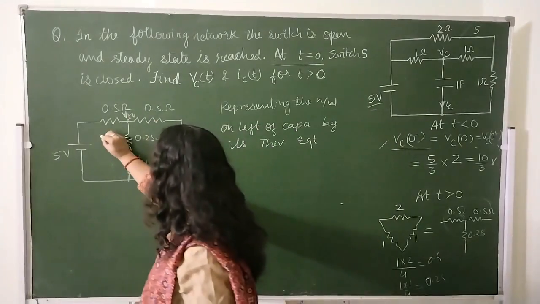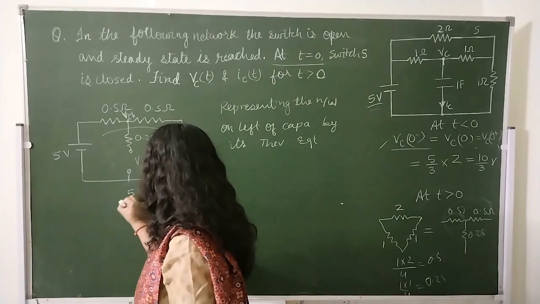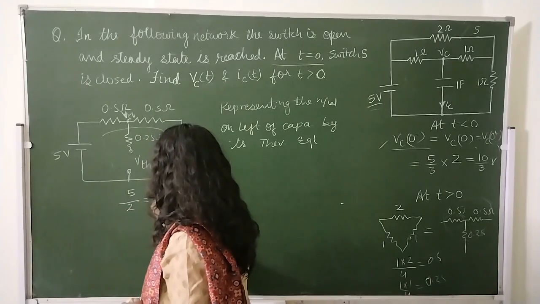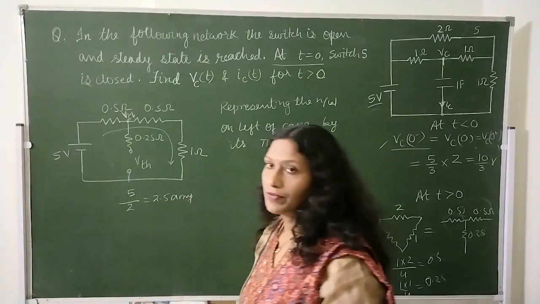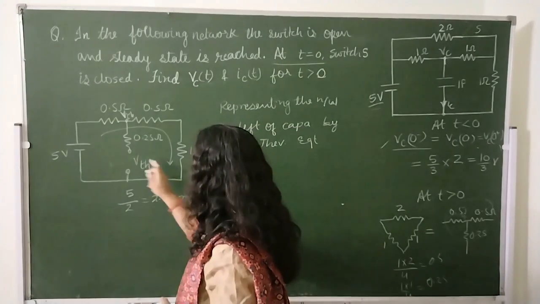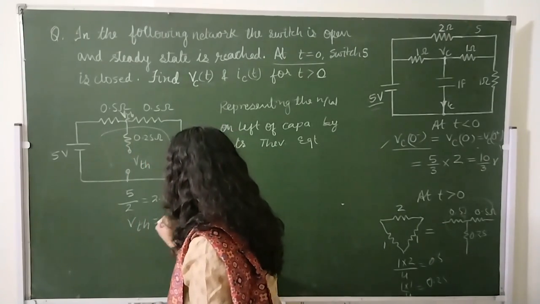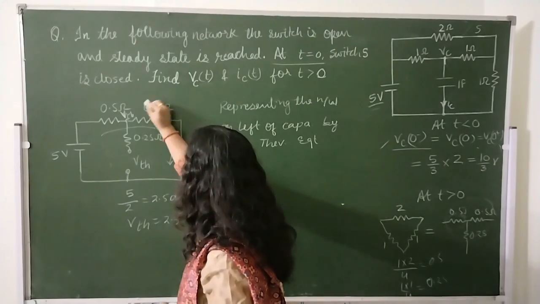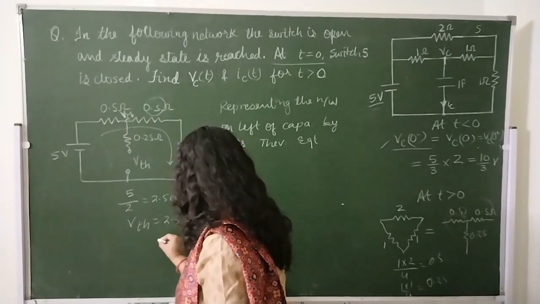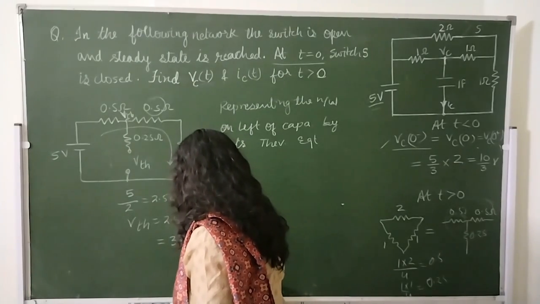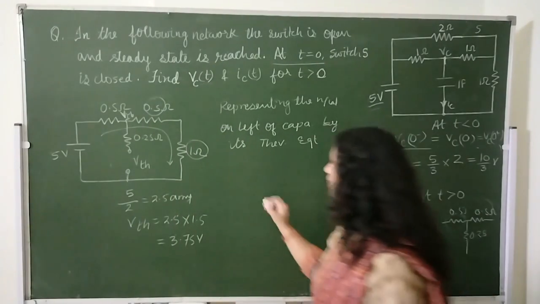We can find it easily because one current would be flowing, and that current is 5 divided by 2, that is 2.5 ampere, and the drop VTH is 2.5 multiplied by the sum of these two resistances, that is 1.5, and it is equal to 3.75 volts. So our VTH is 3.75 volts.